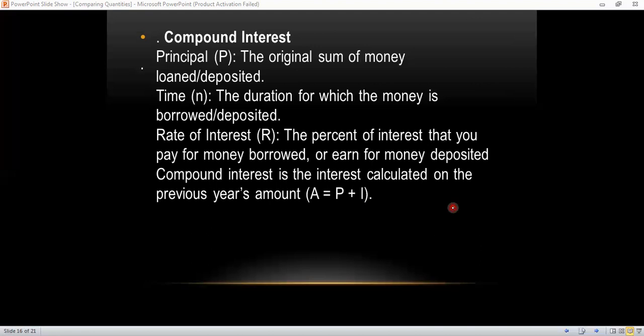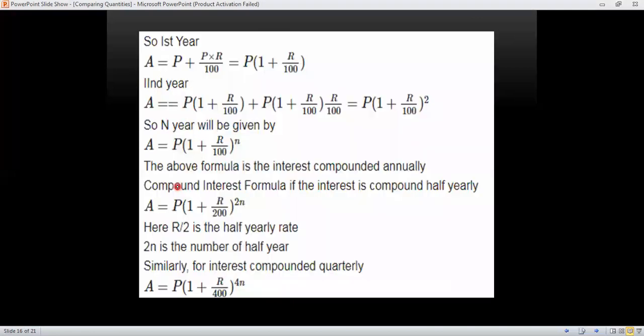Now let's see a few examples. And here again, see. So for first year, the amount we will get, that is principal plus principal into rate upon 100.